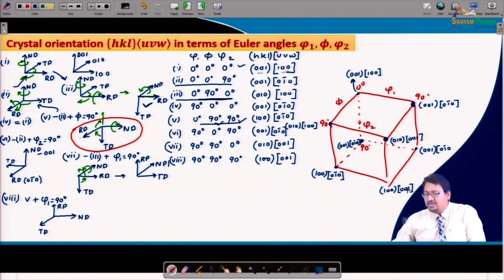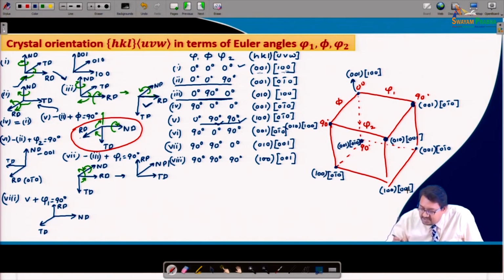Now, that we have found out and calculated all the corners of the ODF, and of course, all the corners of the ODFs are related to the cube texture components, but you see that one can find out the other texture components also by giving simple additions.